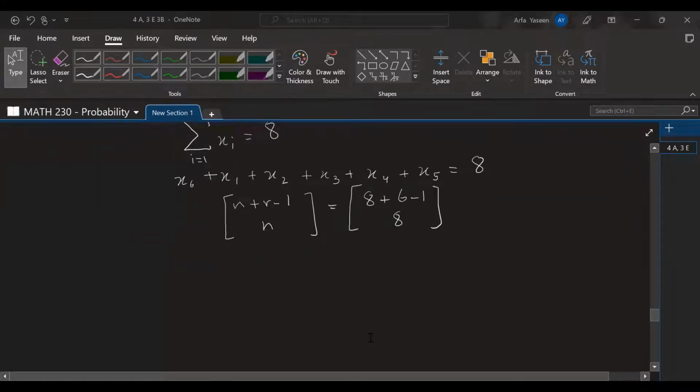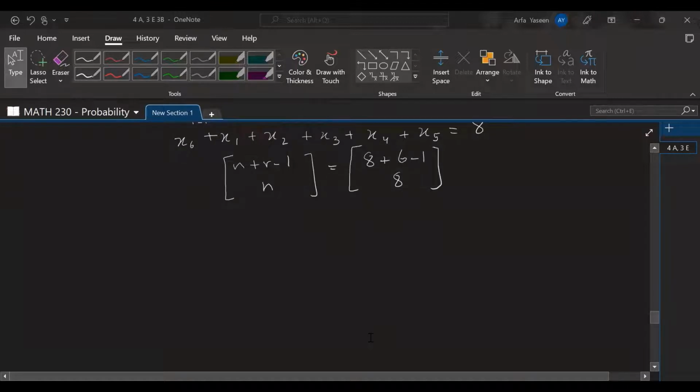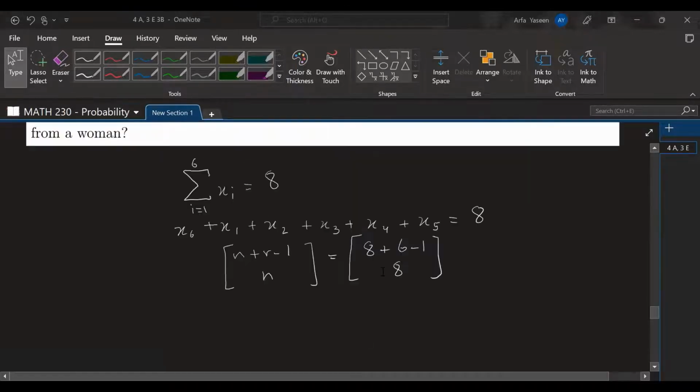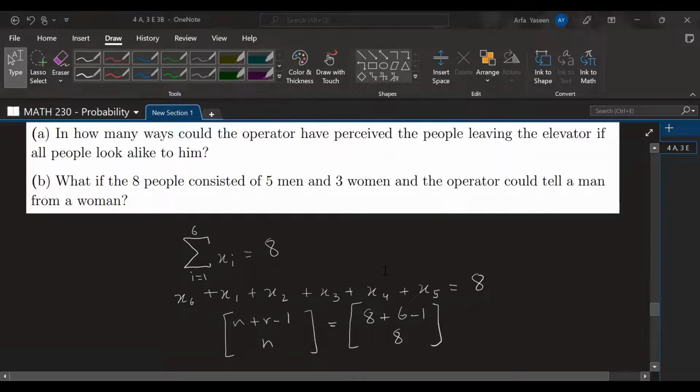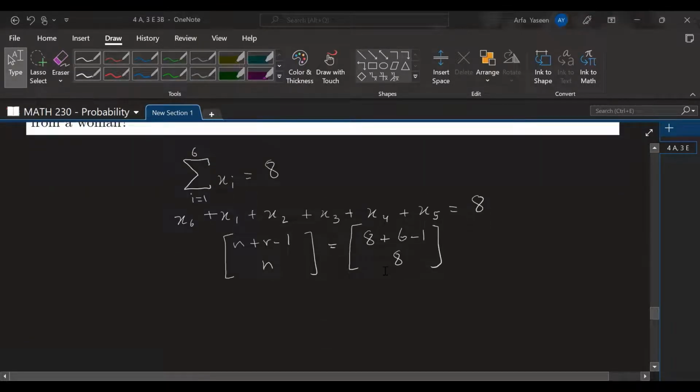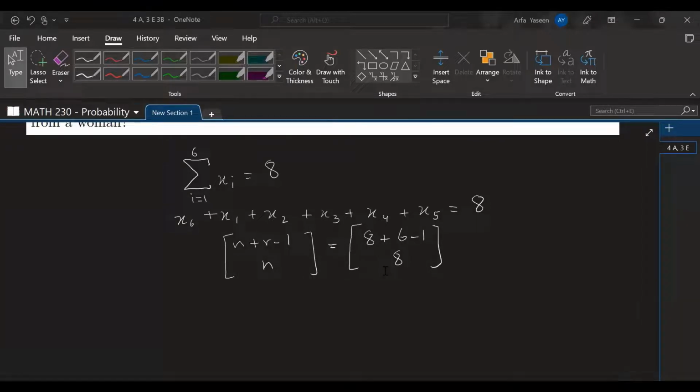Now for part B, you'll separate the cases for men and women. एक second.